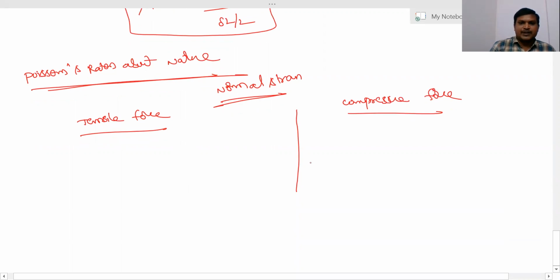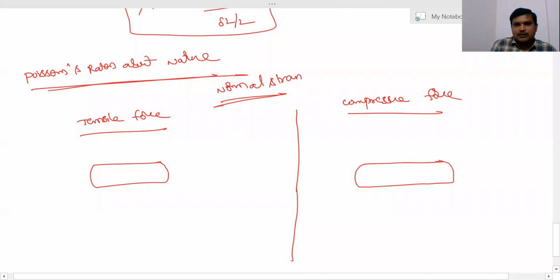So I'm taking two different bars. Initially they have original length L and original diameter D0.